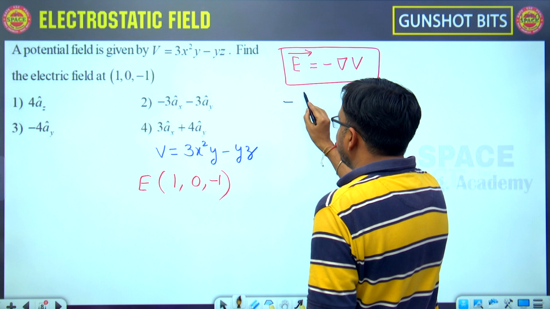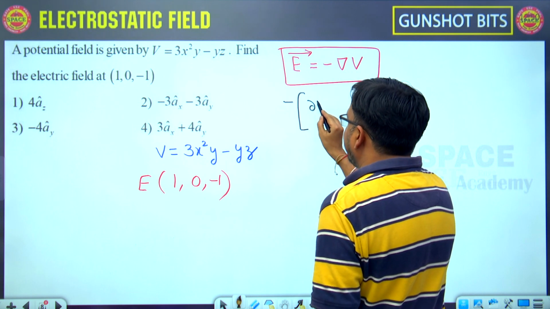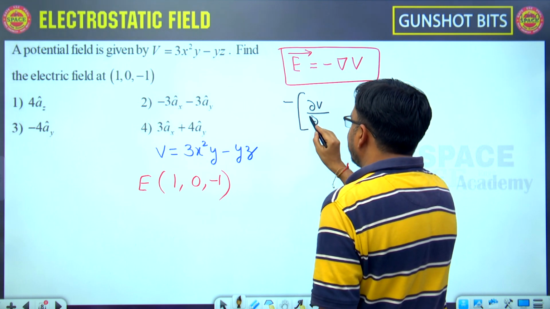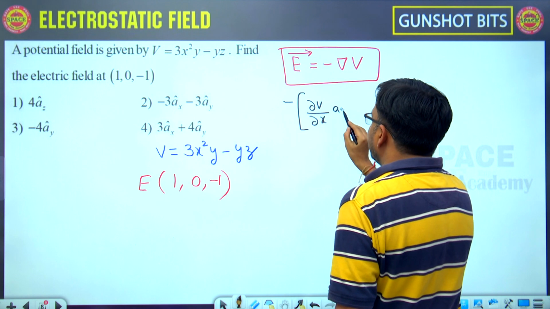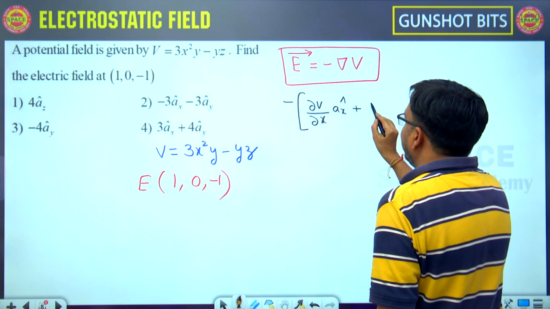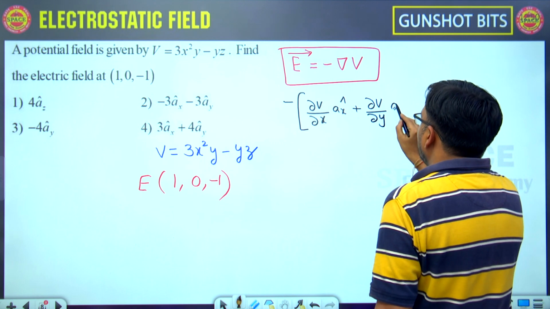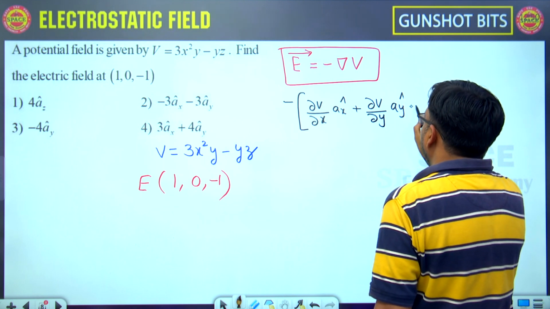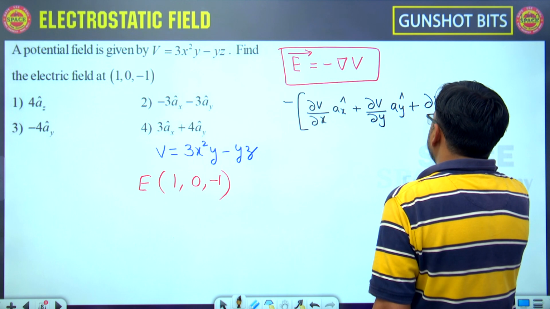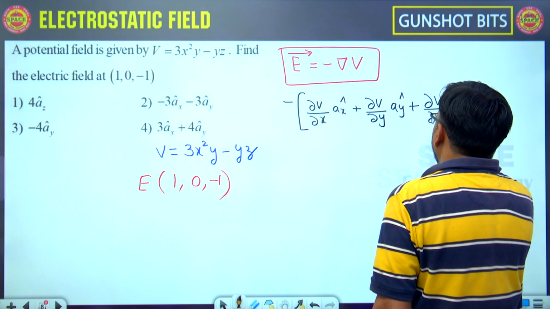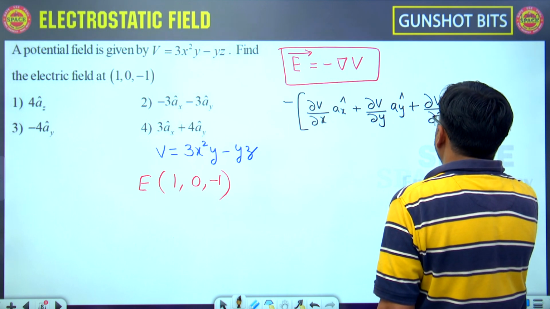I am writing minus, dou V by dou x Ax cap plus dou V by dou y Ay cap plus dou V by dou z Az cap.